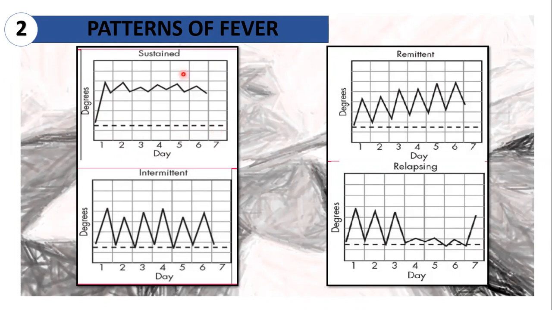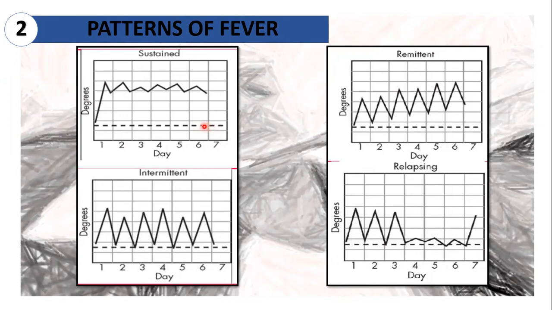Sustained fever is characterized by persistent elevation in body temperature. Then it will go down by a minimal of less than or equal to 0.3 degrees Celsius, but it will not reach the normal level. Okay? This is a characteristic of lobar pneumonia.